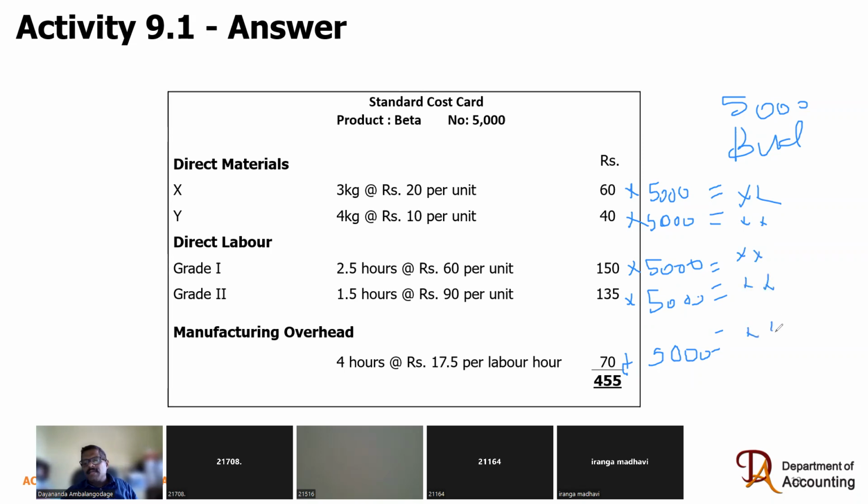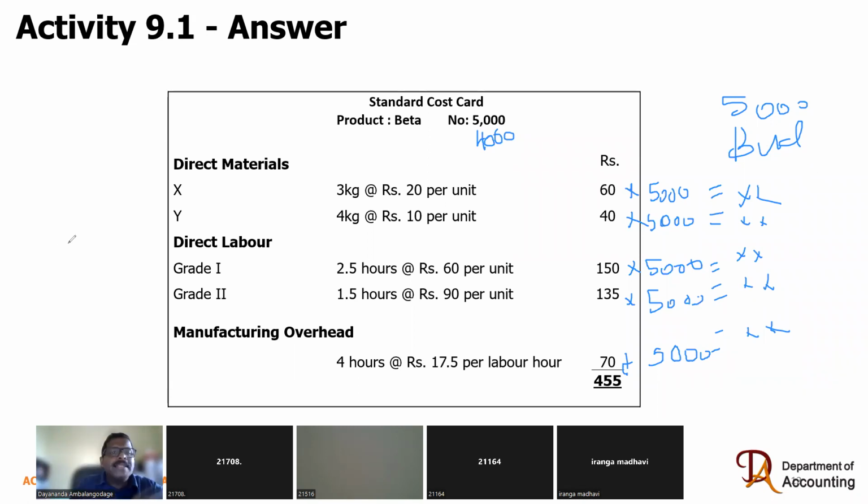I think you are clear what I'm telling. Suppose your actual production was not 5,000, but 4,000. Then this is the original budget you prepared, the fixed budget.